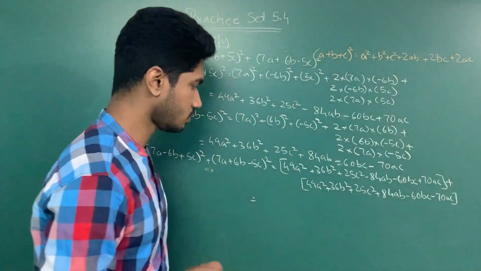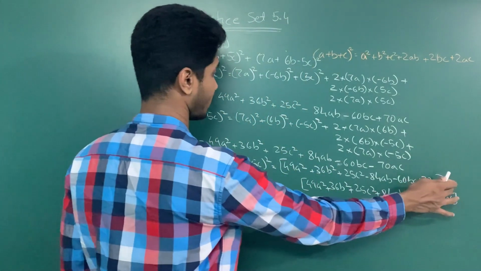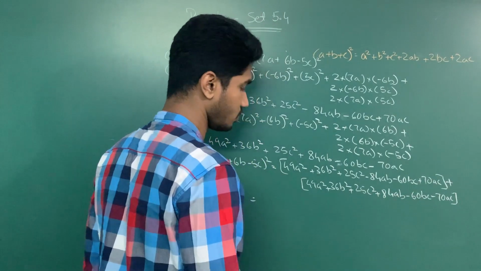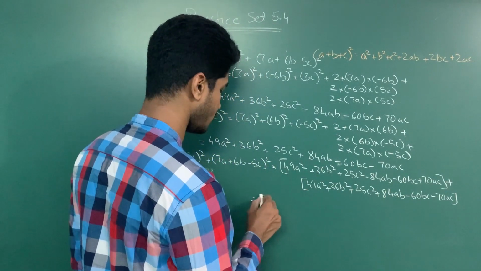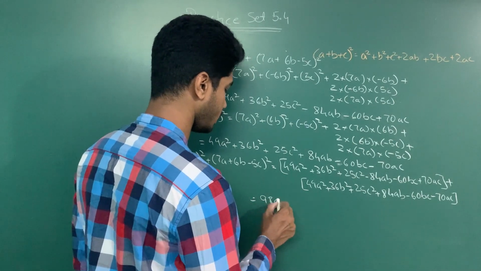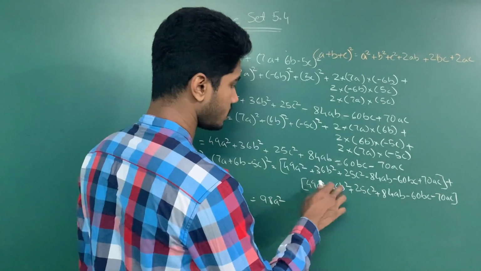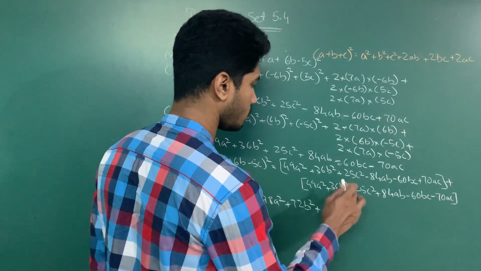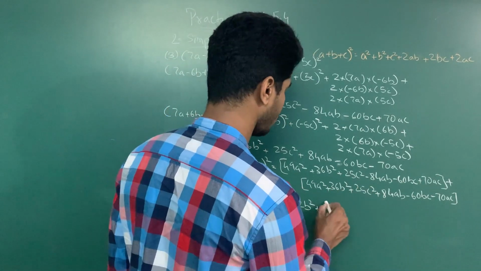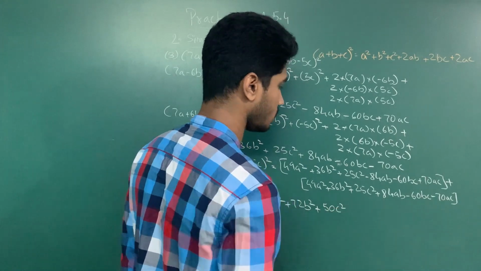So when you solve this, there's a positive sign over here, so none of the signs will change if you open the bracket. So the 49 plus 49 will give you 98a square. 36 plus 36 will give you 72b square plus 25 plus 25 will give you 50c square.